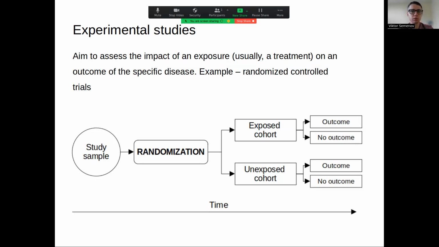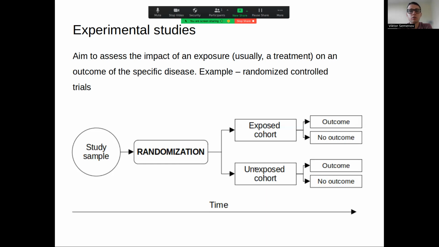So by reducing cholesterol, we are trying to control the risk of myocardial infarction. For this purpose, we need to assign some people who will be taking statins for some period of time, which will be meaningful for checking this hypothesis, and check how many among them will develop myocardial infarction.